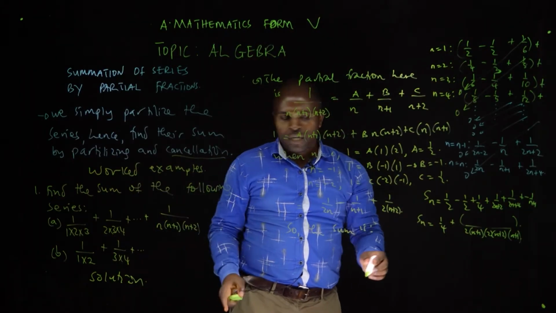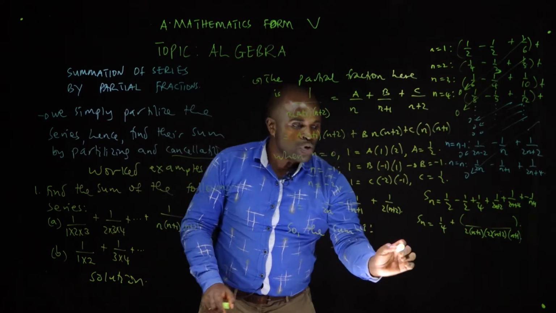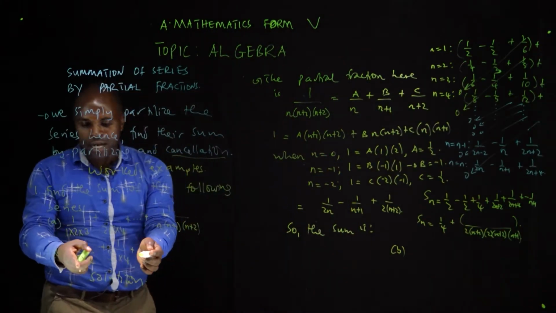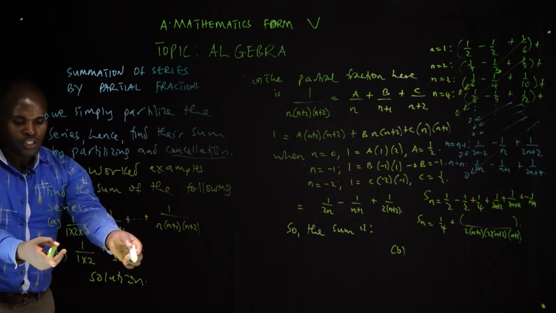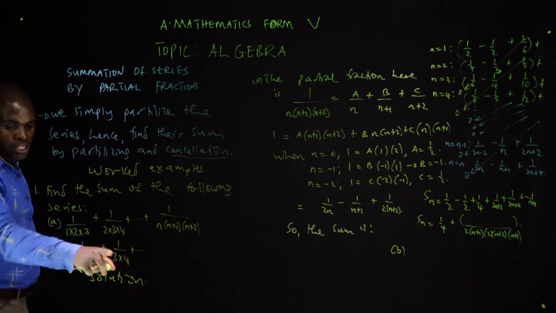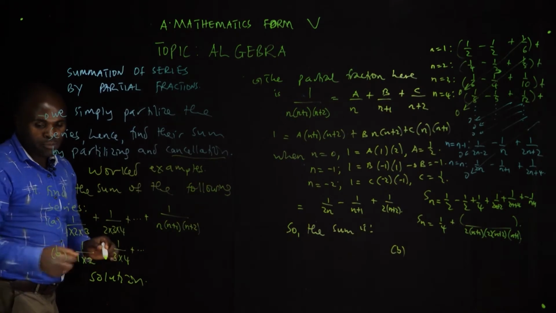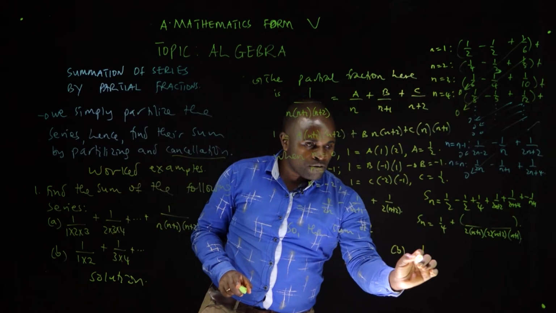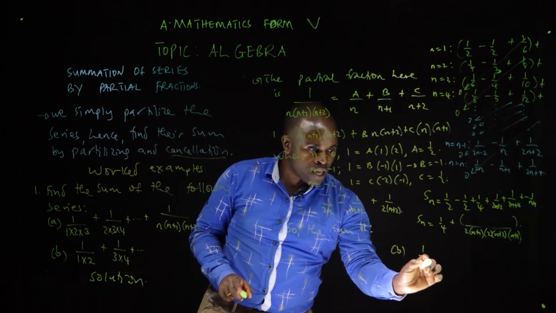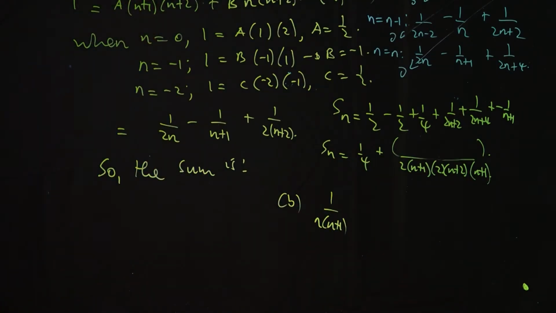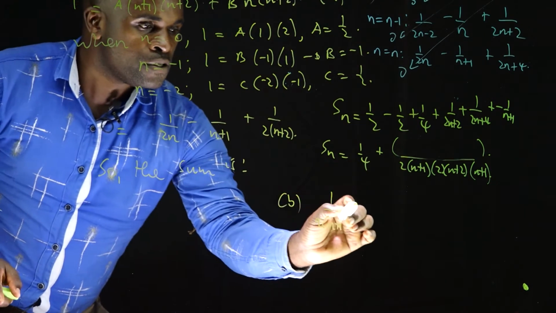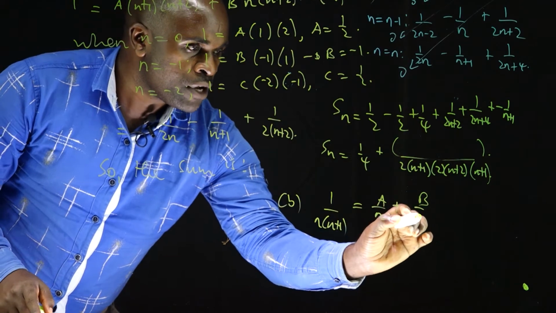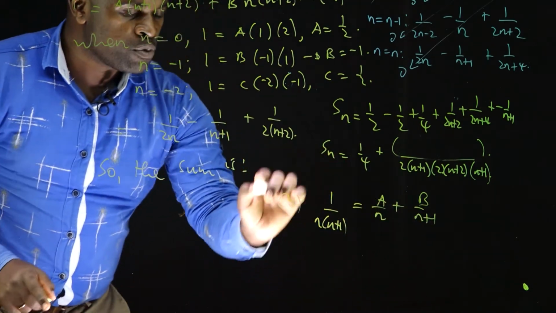With B, using the same trick, putting B here, we could be easily finding the partial fraction of this term here. It is simple, as 1 over n plus 1, the general formula of this series here. So partializing this is A over n, B over n plus 1, multiplying both sides.